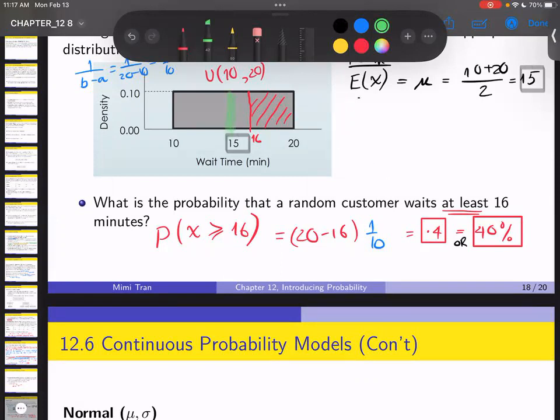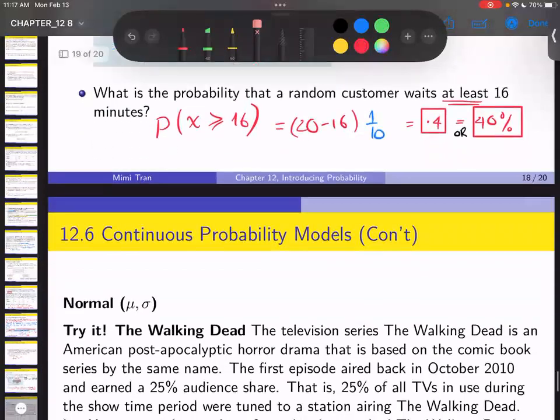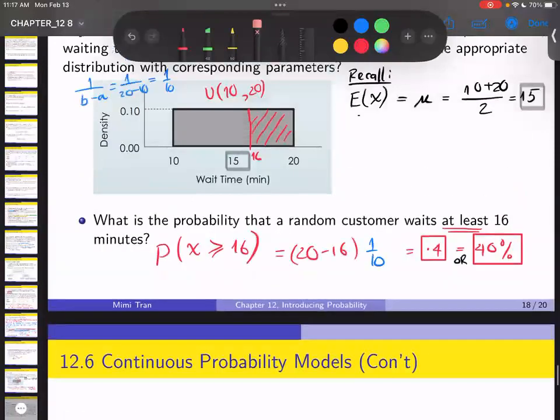Remember, 15 is the middle value, right? You divide the rectangle into 2 halves, so 50-50. Or you can use a formula. All right, so that is uniform distribution.